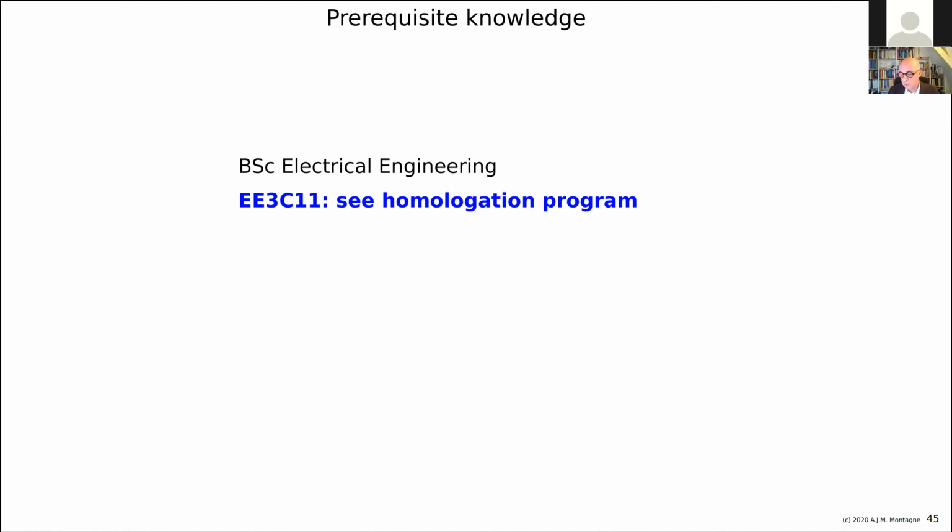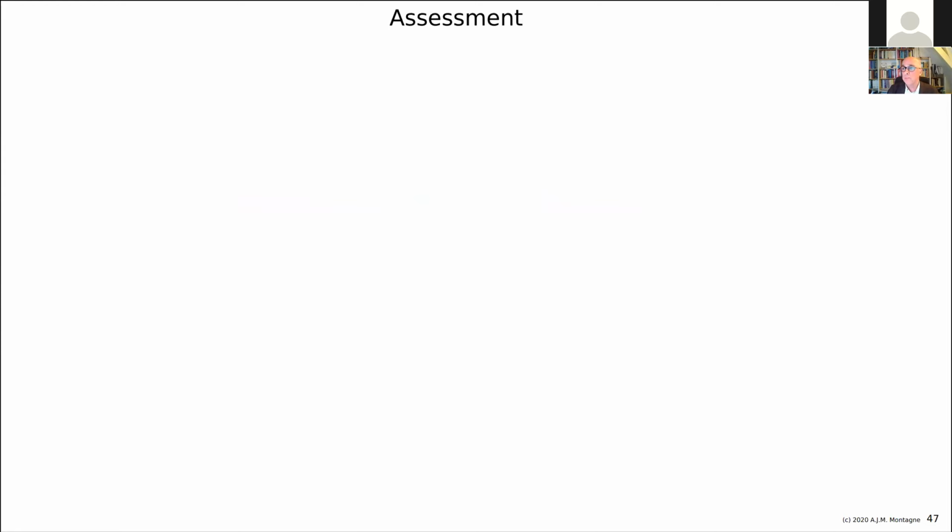But there's a complete website for the homologation program, including videos, presentations, etc. We decided, 1 or 2 years ago, to not do all this stuff again. 2 years ago, we still did a lot of this basic knowledge in the master program, but now all of this basic knowledge is assumed to be known, and we don't do it again in the master's program. We are going to use the results of the previous bachelor course. So please be aware of that.